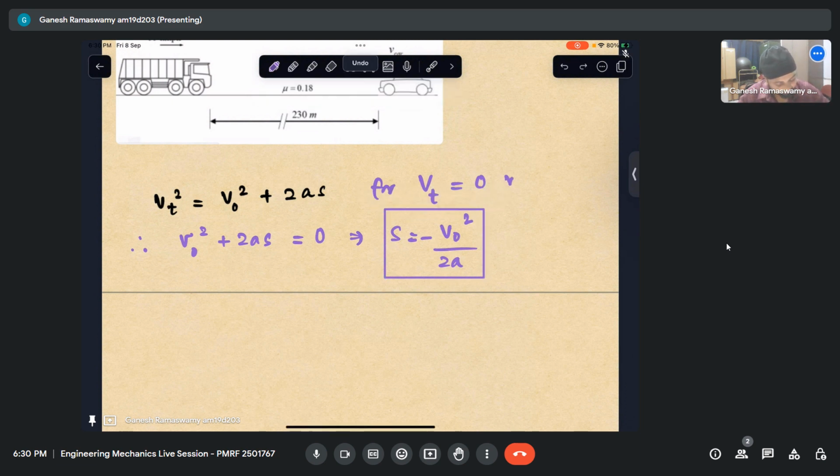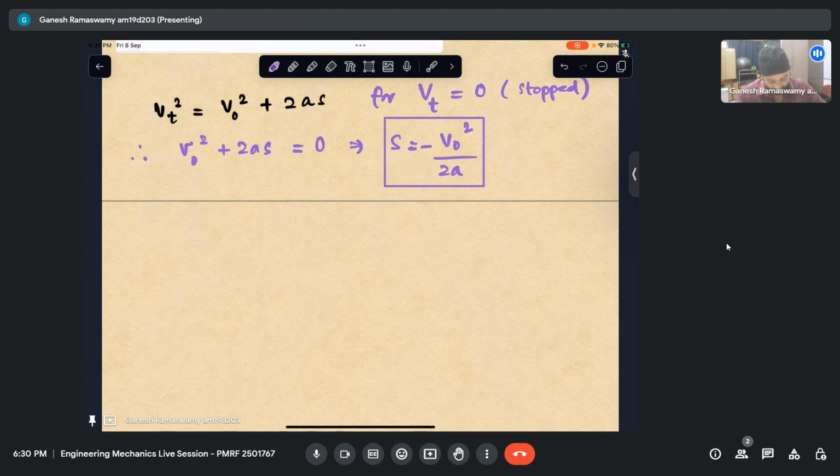This is because it has stopped. Okay, but we know that a is nothing but minus mu g, because it is decelerating.